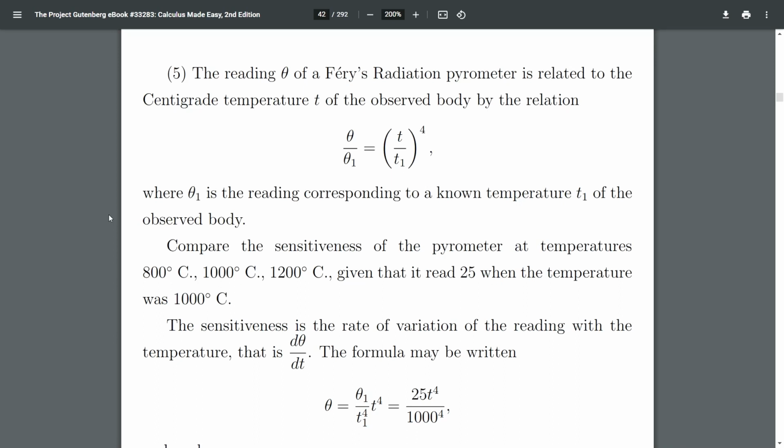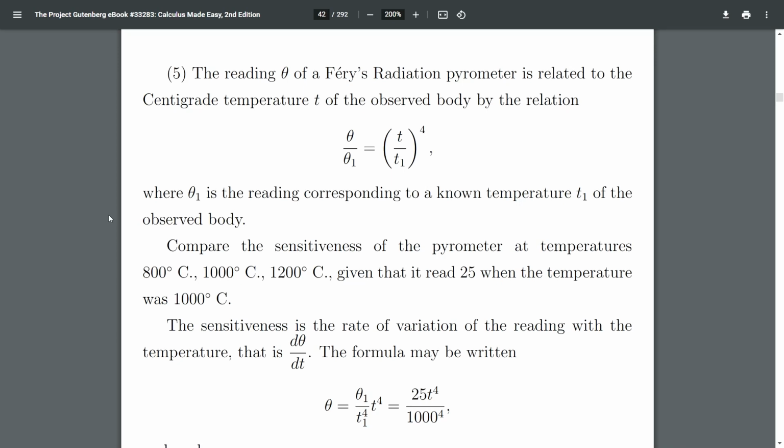Compare the sensitiveness of the pyrometer at temperatures 800 degrees Celsius, 1000 degrees Celsius, and 1200 degrees Celsius, given that it read 25 when the temperature was 1000 degrees Celsius. The sensitiveness is the rate of variation of the reading with the temperature, that is, d theta over dT.